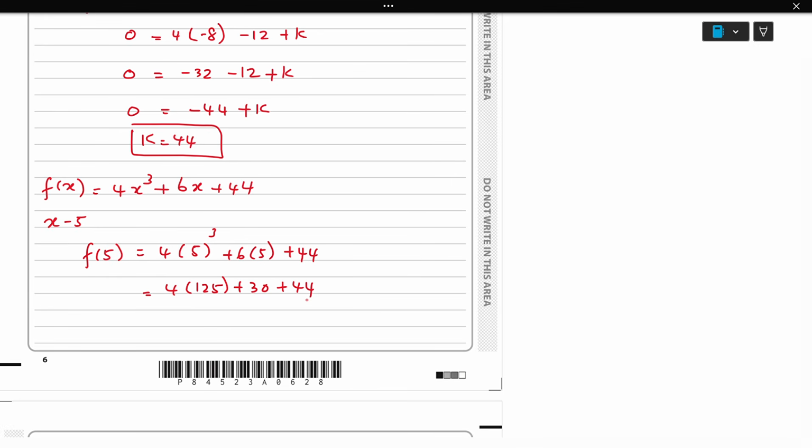So the final answer is going to be 574. 574 is the remainder when we divide by x minus 5.